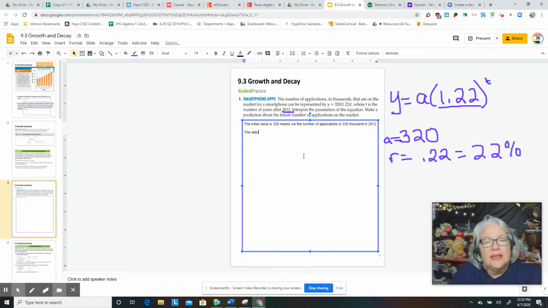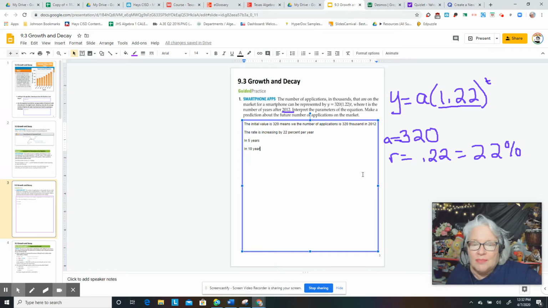The rate is increasing by 22% per year. And in 5 years, and then you can say what it's going to be in 10 years, and so on and so on and so on. Those can be your predictions.